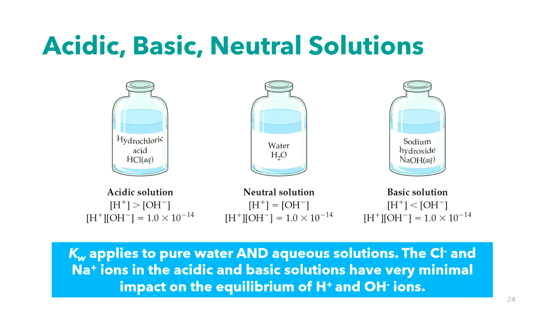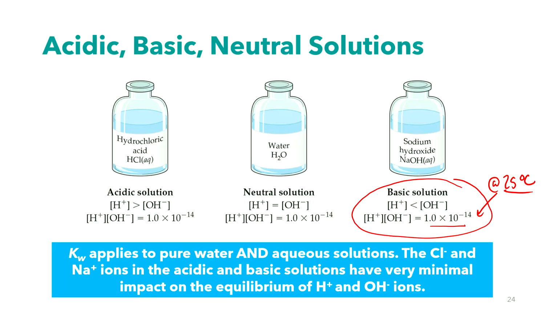Even if H+ is greater than OH-, H+ times OH- is still 1 times 10 to the negative 14th. The same is true in a basic solution. Now I have a lot more OH-, but their product is still 1 times 10 to the negative 14th. This assumes 25 degrees Celsius, because that's connected to the KW for 25 degrees Celsius.